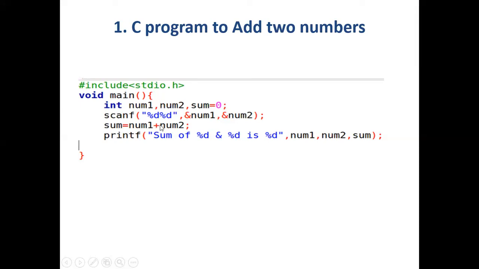I'm going to add these two numbers and store the result in this variable sum. Next, I'm going to display the result to the user. So here the message is given, the sum of the given two numbers, that is number 1 and number 2, is the result, that is the last format specifier percentage d refers to the variable sum, which has the result.